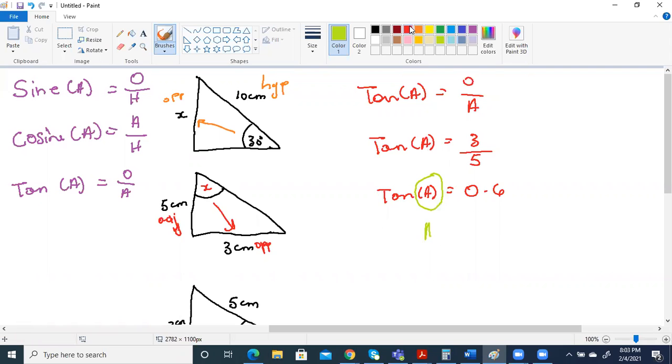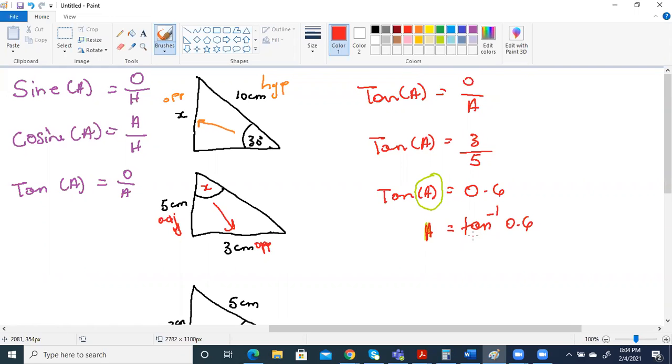So you'd have the angle by itself over here, which is what you want, but you would end up with tan inverse 0.6. So that's what happens when you take it across the equal sign, tan inverse.